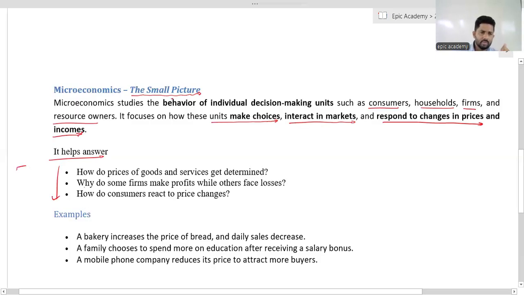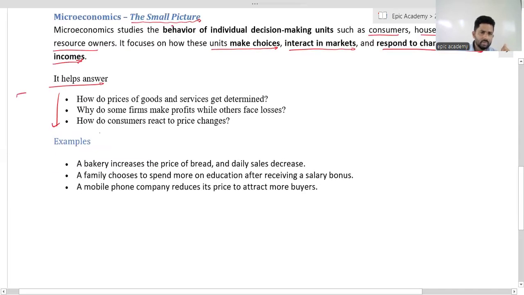macroeconomic activities. Example: a bakery increases the price of bread and daily sales decrease. As an example, just consider the earlier price of the bread was 150 rupees.